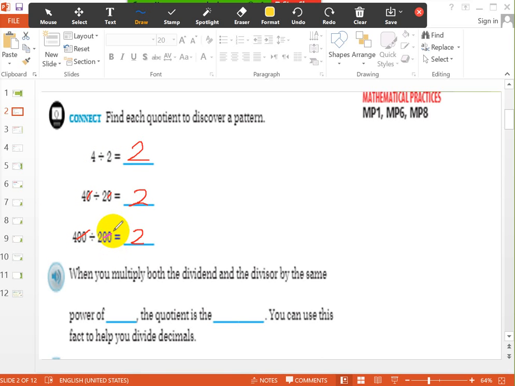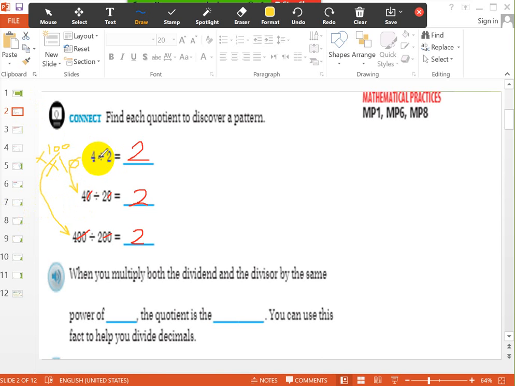So from here to here, I multiplied the dividend and the divisor by what? By 10, right? And from this case to this case, to make it 400 and 200, I multiplied by 100, right? I multiplied the dividend and the divisor by 100.